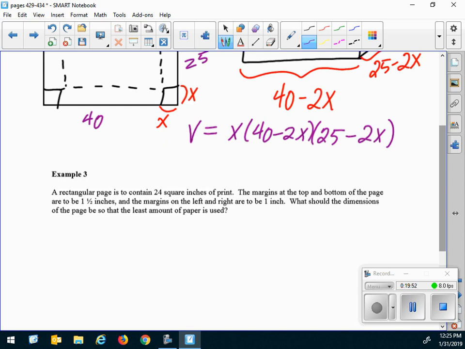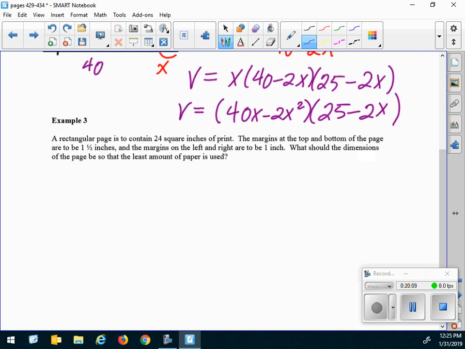Is that what you started to do, product rule? Yeah, we don't want to do product rule in this one. Here's what I would do. I would multiply that x by that first, and then I would FOIL. Is that 1,000?